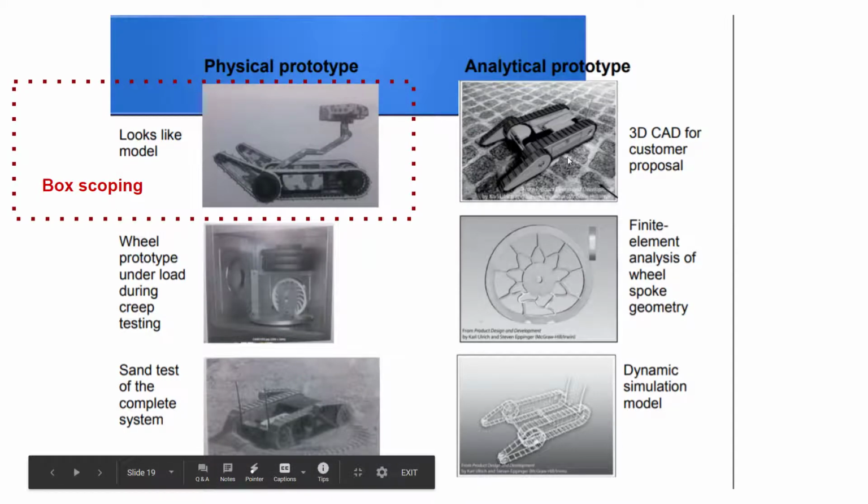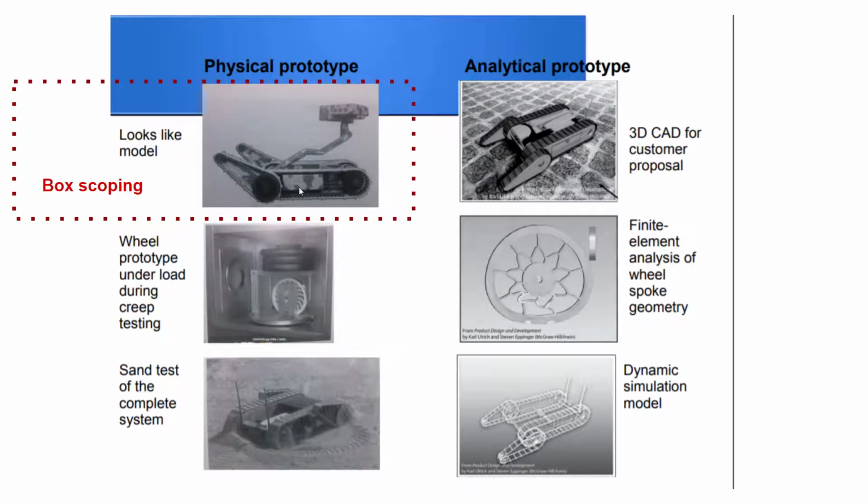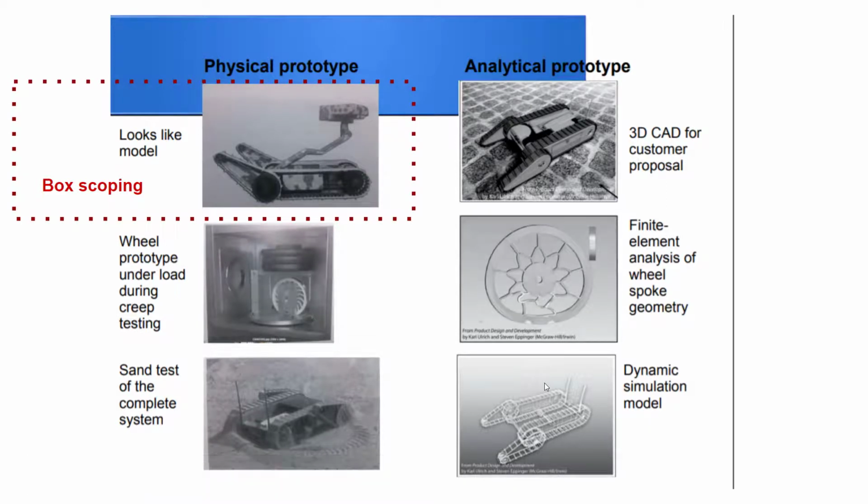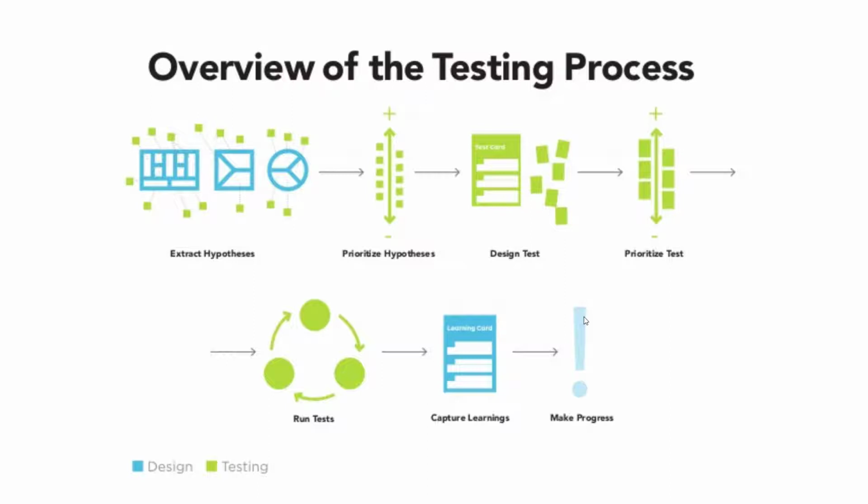So some are analytical prototypes done in CAD or CAM, and others are actually physical prototypes. And each of those allow you to find out something about your project that you don't know or that you're not sure about, and actually share those results with the community.